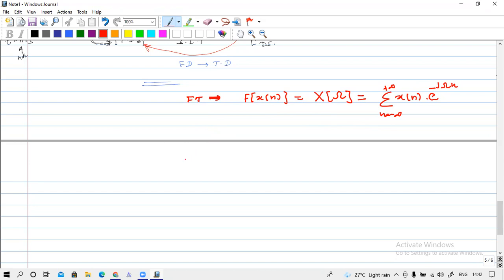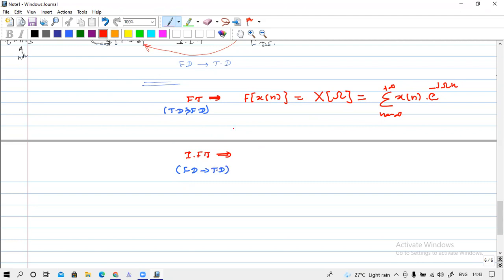And what is the inverse Fourier transform? We have to get the inverse Fourier transform of this X(ω), the frequency domain signal. Fourier transform is time domain to frequency domain conversion, and you know that IFT, inverse Fourier transform, is frequency domain to time domain conversion.